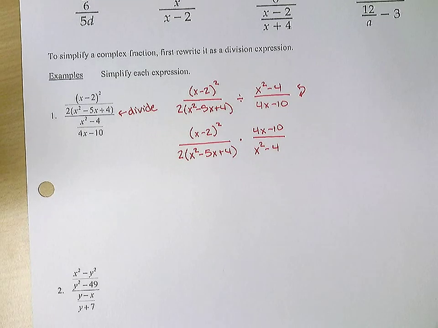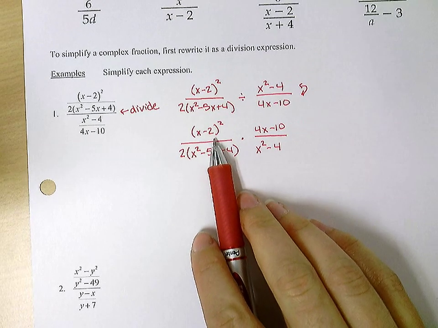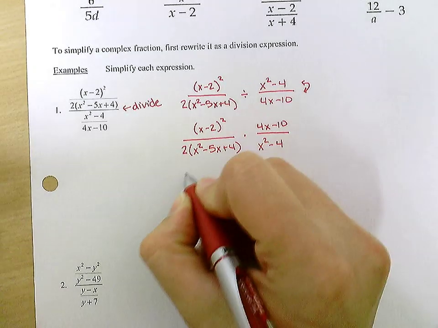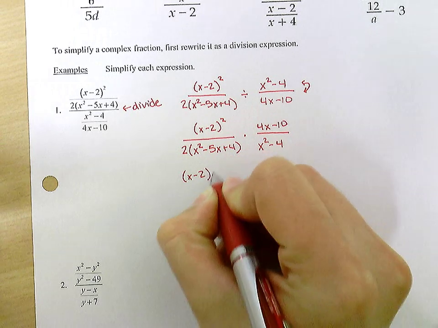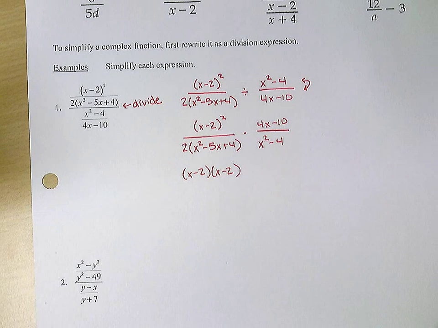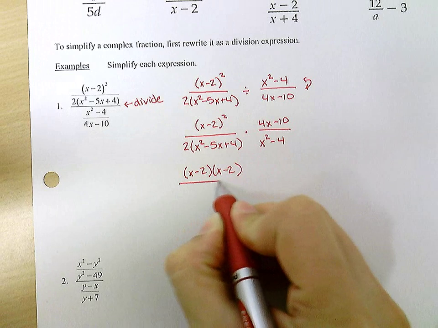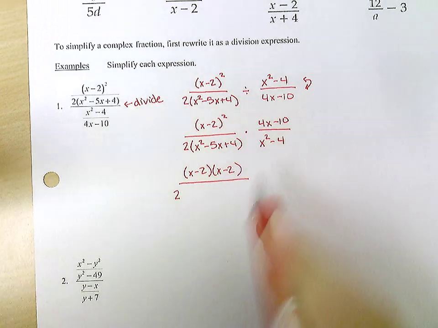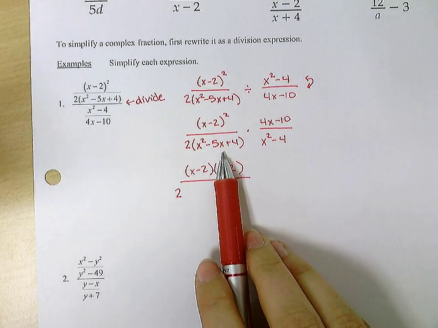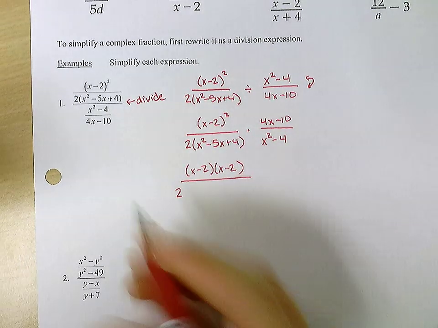Now from here, this is where I want to factor so that I can simplify. In my first fraction, this is already simplified, right? I'm just going to rewrite that as (x minus 2) times (x minus 2), because that's what that square means. You're multiplying it by itself. Then in the denominator, we still have a 2, and I need to factor this, so I'm going to use the x method.